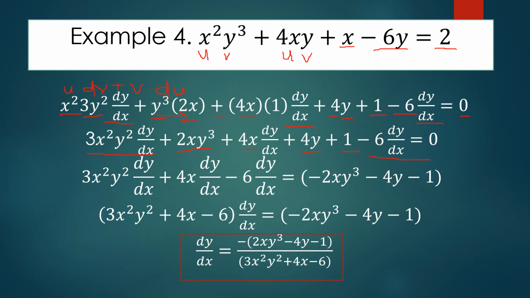Now, pagsama-samahin natin yung mga term na merong dy over dx. Okay, so we have here x squared 3y cubed dy over dx, 4x dy over dx, and also negative 6 dy over dx. So as you can see, yung mga term na nabilugan ay nasa left side of the equal sign.